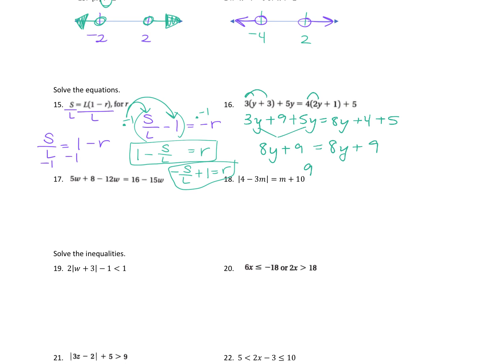Take away those 8y's and you get 9 equals 9. What's your answer? Called it an identity, or you could say all real numbers. You can plug anything in and it will work, right? So all real numbers or identity, I'll take either one of those.